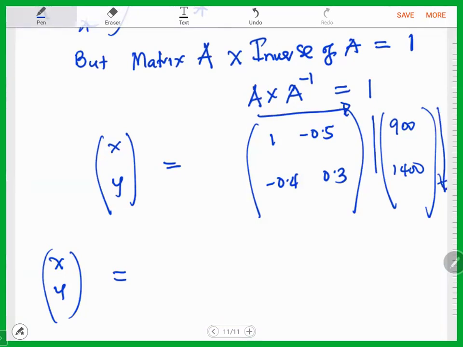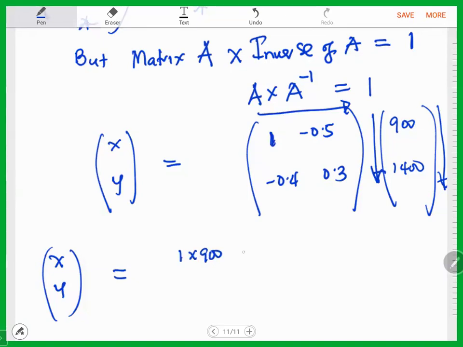So to get this, I'll be getting 1 times 900 plus minus 0.5 times 1,400. That is the row, and this is the column.